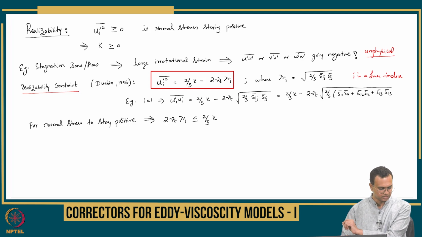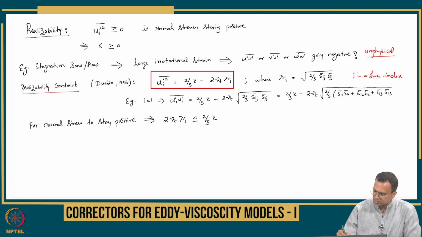We are only deriving the constraint for this now. Okay, so now if I take out this part, I essentially get a condition which is nu t should be less than or equal to k over 3 lambda I.